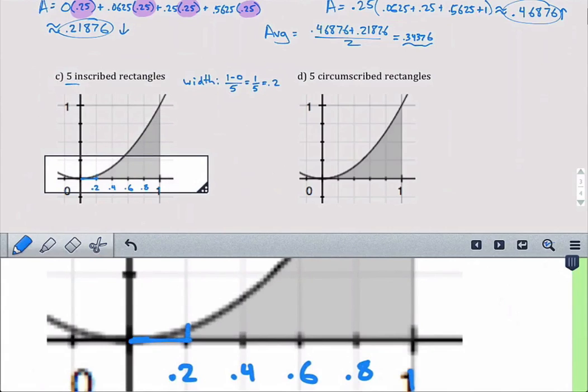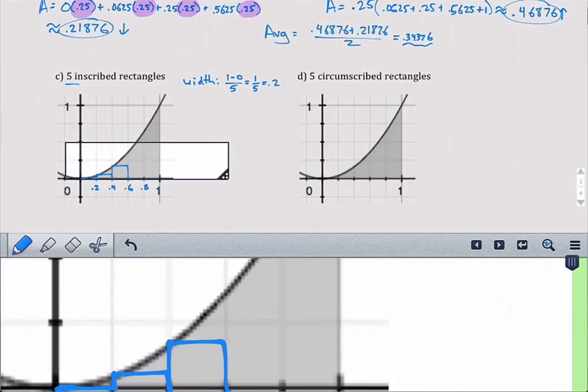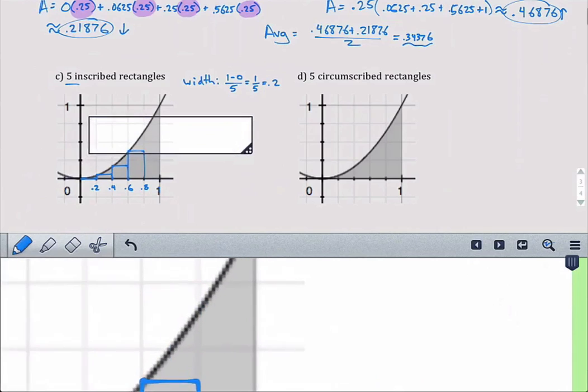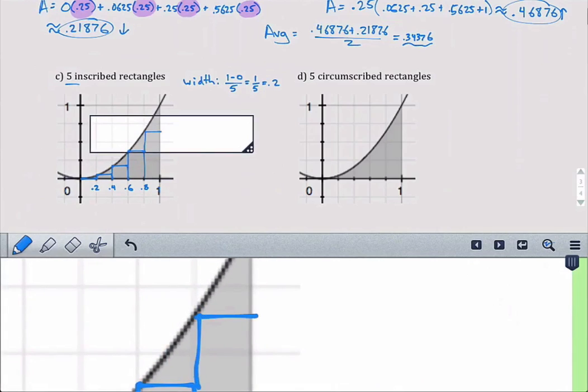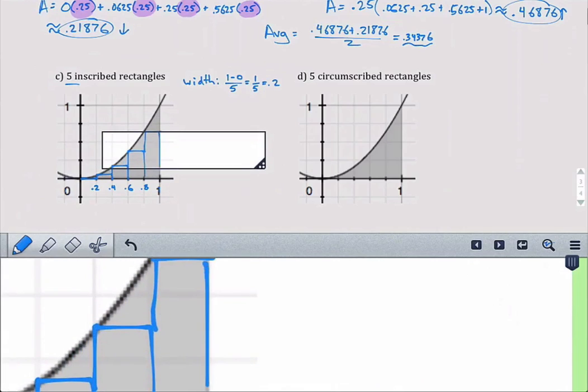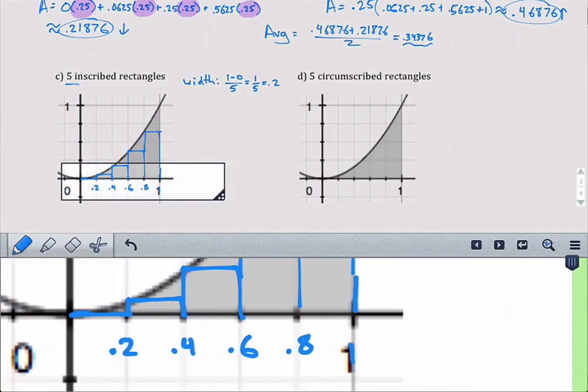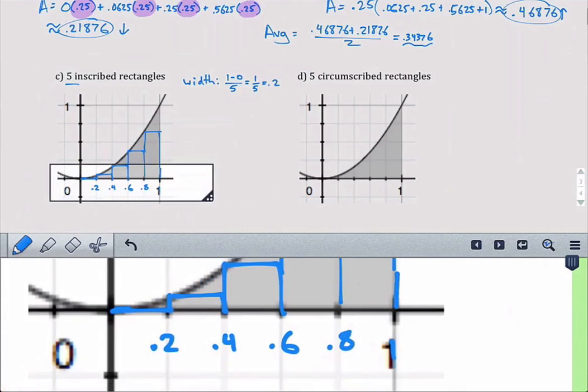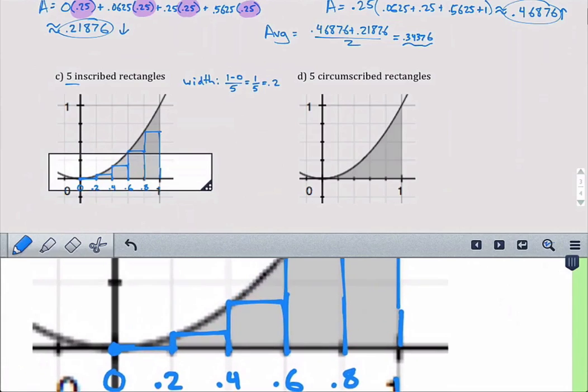Okay, so it'll be that one, and this one, this one, this one, and one more. Okay, so you can see here are our 5 rectangles, and here are the x values for all of our heights. Actually 0, 0.2, 0.4, 0.6, and 0.8.